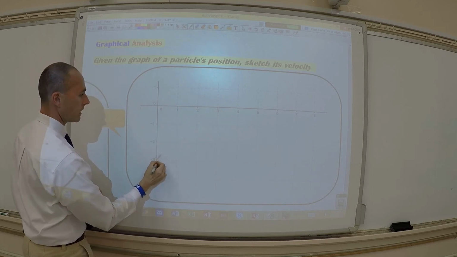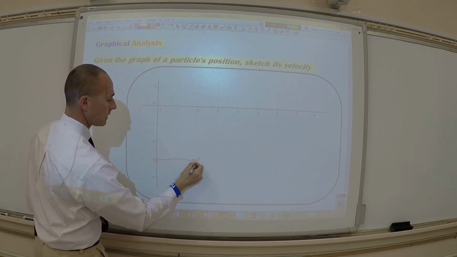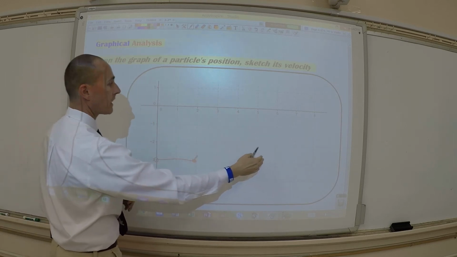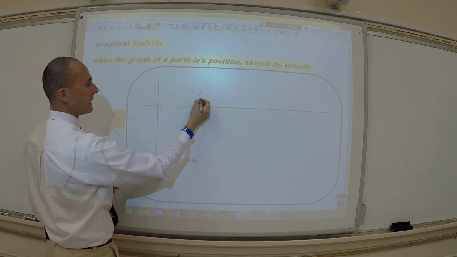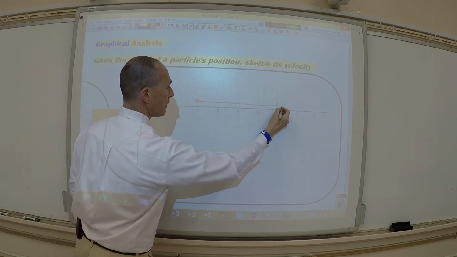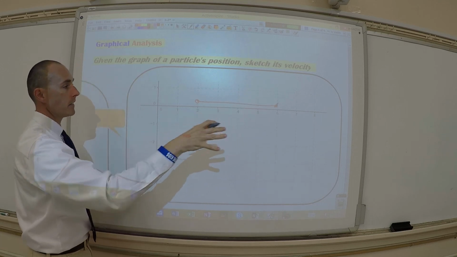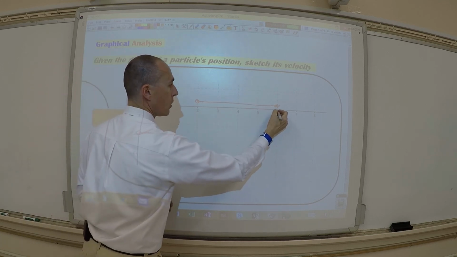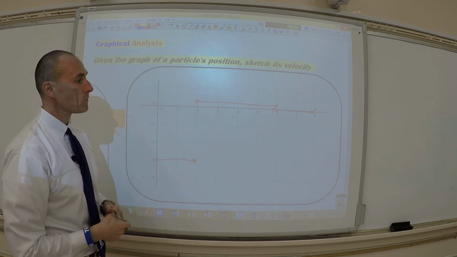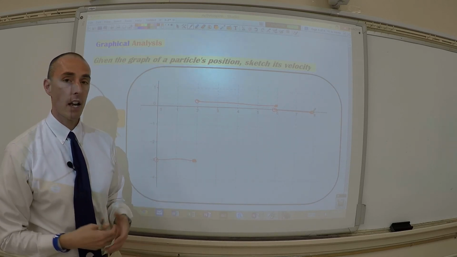So we would say, okay, there we go. Then from 2 to 6, we had a velocity of positive 1/4. So we're going to guesstimate here, but let's say that would be right around there. And then finally, from 6 to 8, the object wasn't moving at all. So we would just show a velocity value of 0. So hopefully this review of rates of change has been helpful.